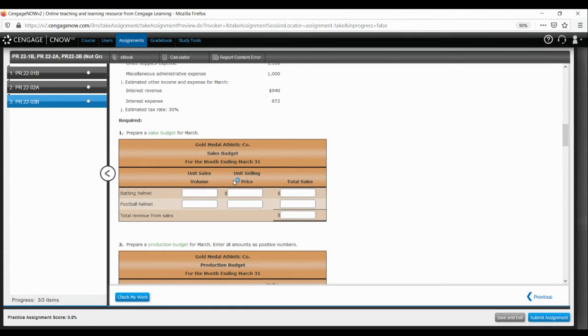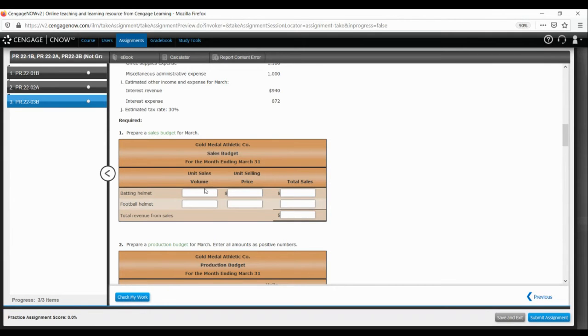So we're going to start with the sales budget. In the sales budget for this particular company, we're going to be manufacturing batting helmets and football helmets. And so we're going to need to know exactly how many batting helmets we need to sell for the month ended March 31st.